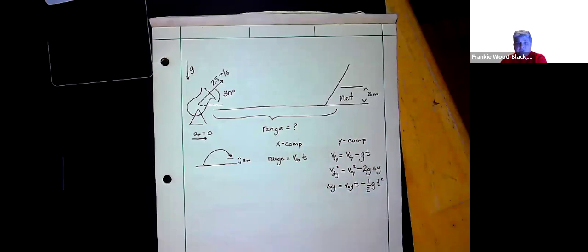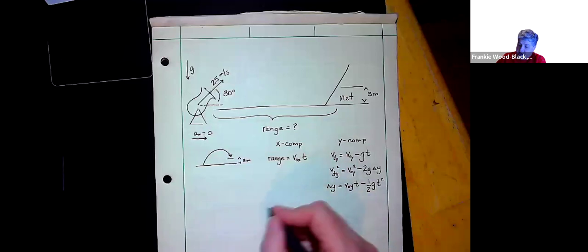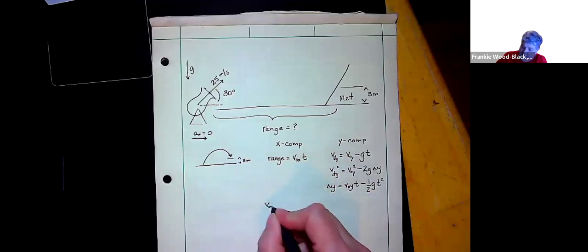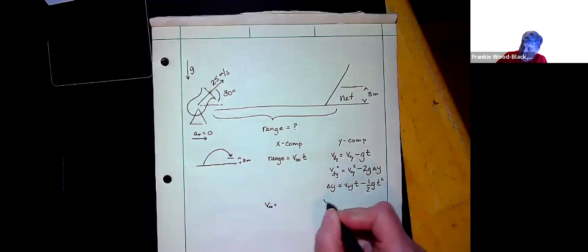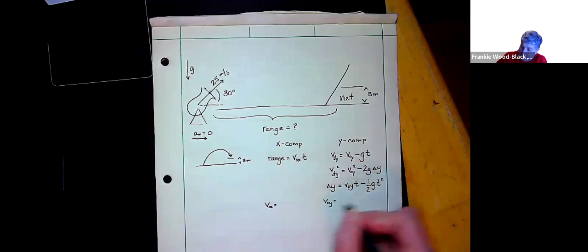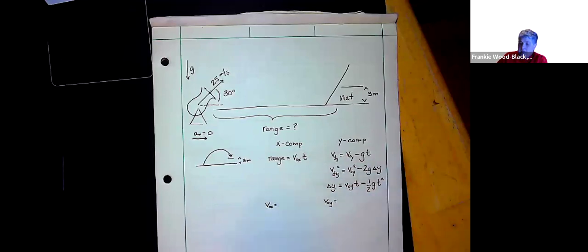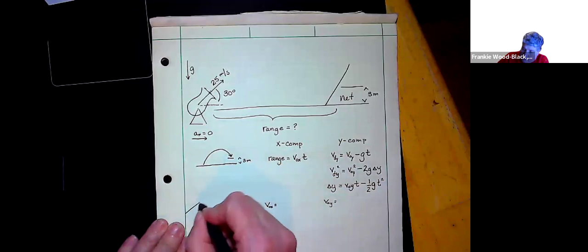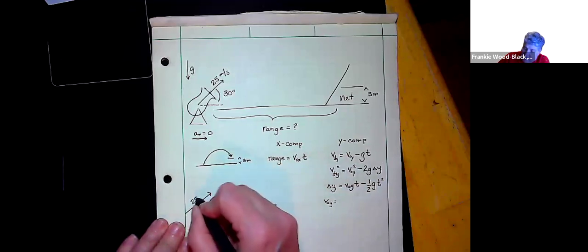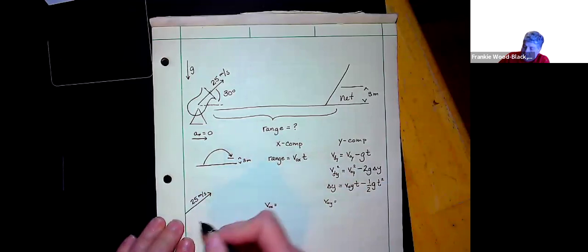So one of the first things I want to do when I'm doing these problems is I want to find out what my V initial X is and what my V initial Y is. So if I have my vector, this is my 25 meters per second vector.